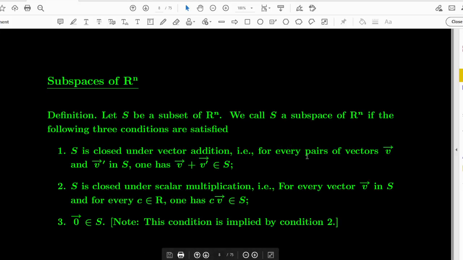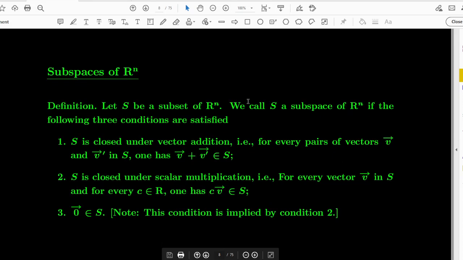Okay, now let's look at the definition here. To say S is a subspace of Rn, in that particular case R3, you have to say all three conditions are satisfied. I hope it makes sense. To say S is not a subspace, you just need to say one of the three conditions is not satisfied. So that makes sense?